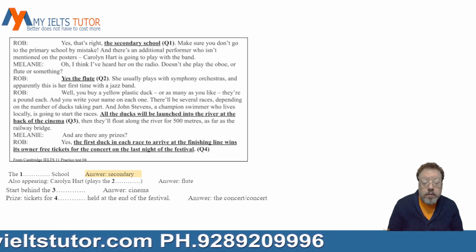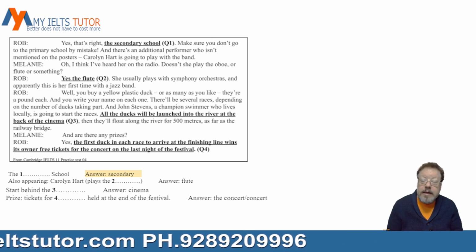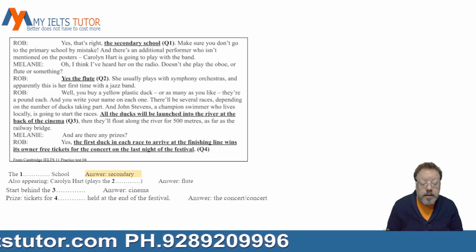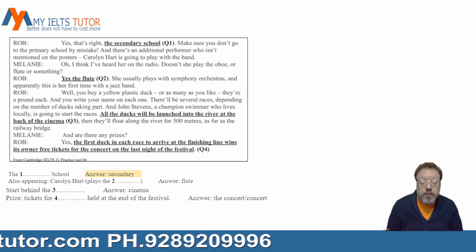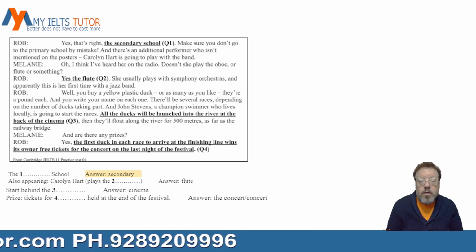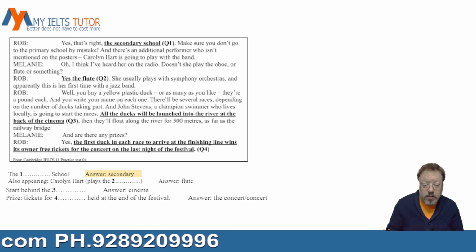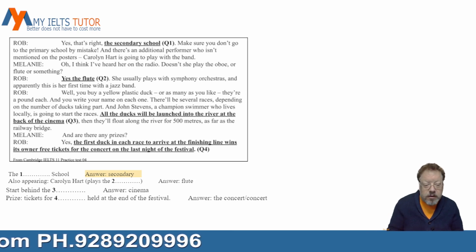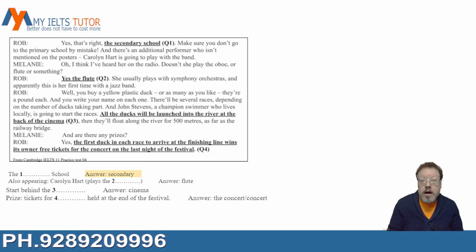So we would write either concert or the concert. Actually, no, looking at the question, we would write concert. We would not write the concert because we have to keep it within the word limit.